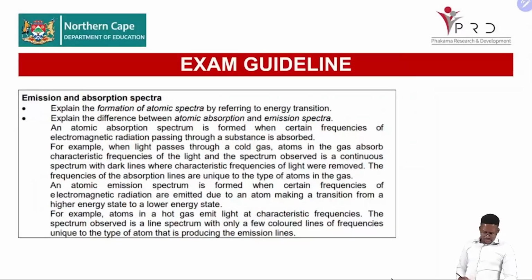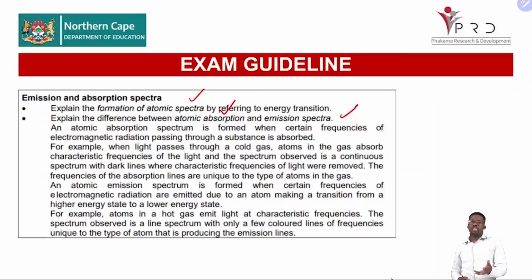Then emission and absorption spectra. The formation of atomic spectrum, we can have what you call emission spectrum and absorption spectrum. Absorption spectrum, we are saying that the atom moves from a lower energy level to a higher energy level and absorbs energy.